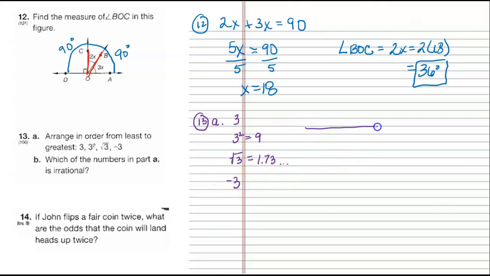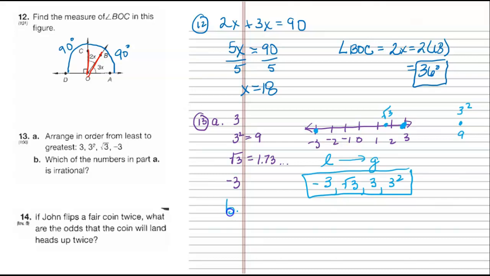So if I put these on a number line, 1, 2, 3, beyond, and I plot them, 3 is going to be right here. 9, or 3 squared, is way over here. Square root of 3 is between 1 and 2, so right here. And then negative 3. So if I'm putting them in order from least to greatest, it's going to be negative 3, square root of 3, 3, and 3 squared.